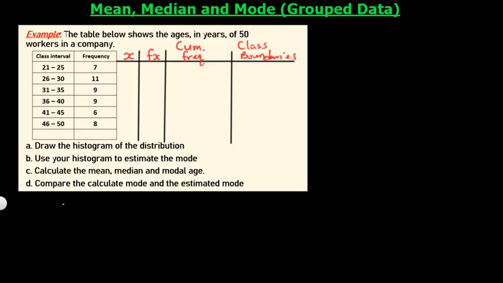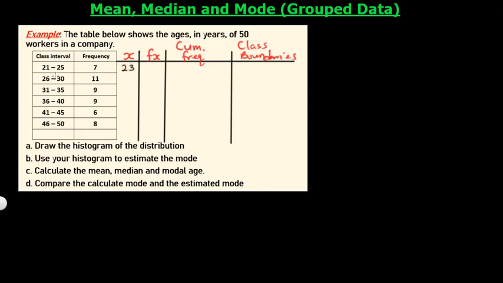So let's quickly look at it. Here, how do we get the score, the mid value? What we need to do to get the mid value is to add 21 with 25. That gives us 46. Then we divide it by 2. That will give us 23.